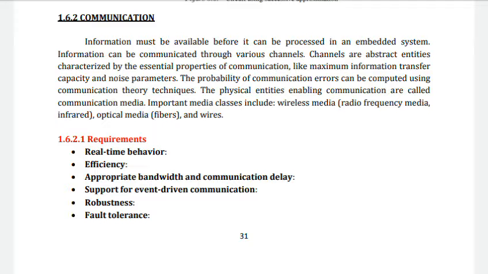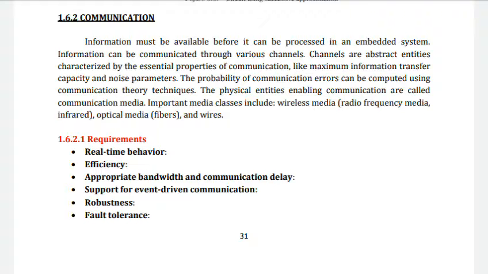The information can be communicated through various channels that are studied in wireless communication. So there will be some channels needed for the communication purpose. Channels are abstract entities characterized by the essential properties of communication, like maximum information transfer capacity and noise parameter.